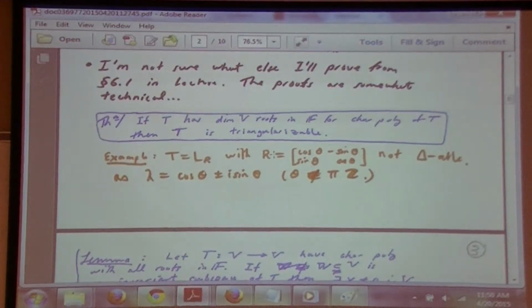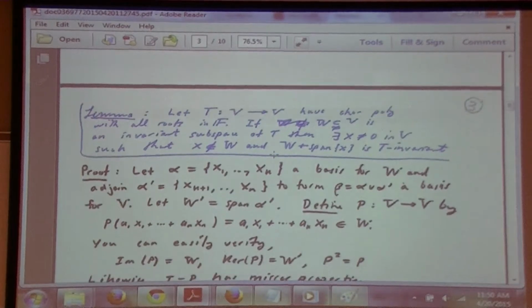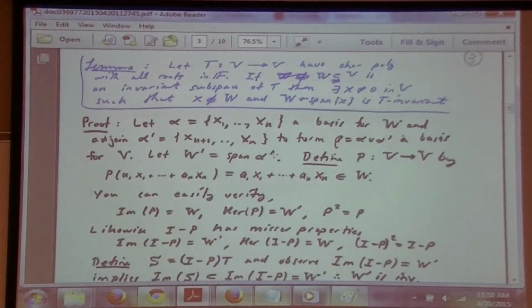So my point was a failure of triangularizability could be worked around by simply enlarging the field to a larger field which is algebraically closed. You're like, well, is there always a field over the field I'm given which is algebraically closed and contains my field as a subfield? There is, but you'd have to take 422 to see that.